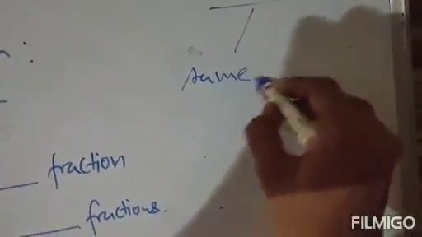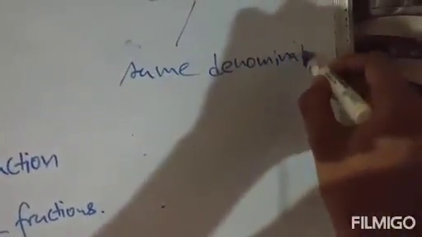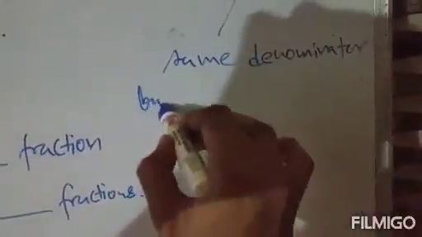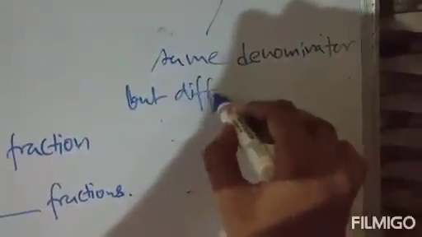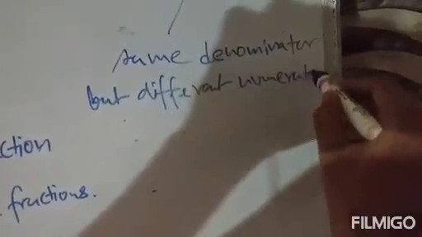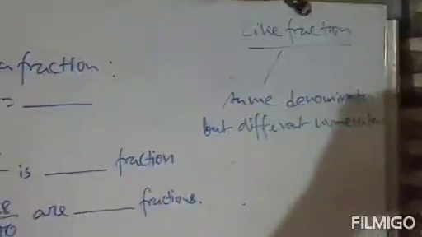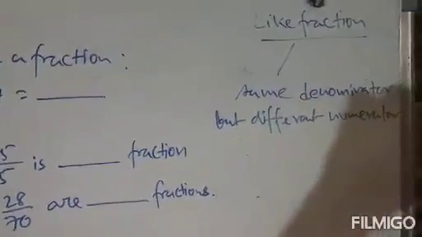That means it is a fraction having the same denominator but different numerators. A like fraction is a fraction having the same denominator but different numerators.